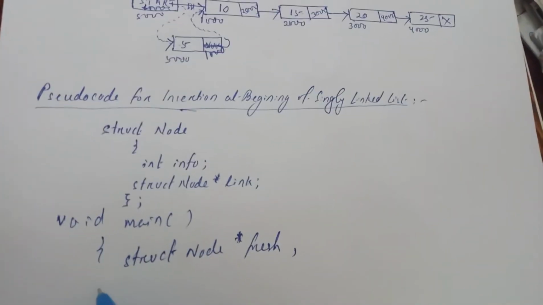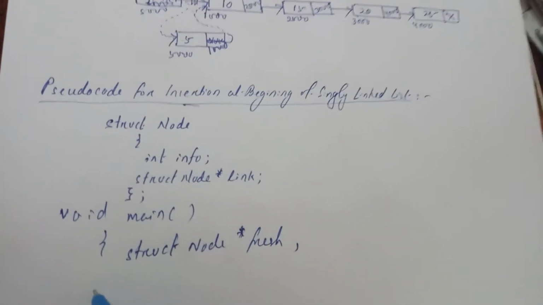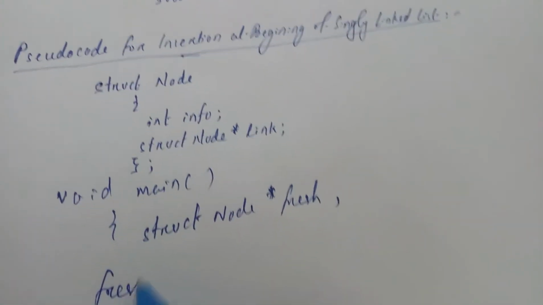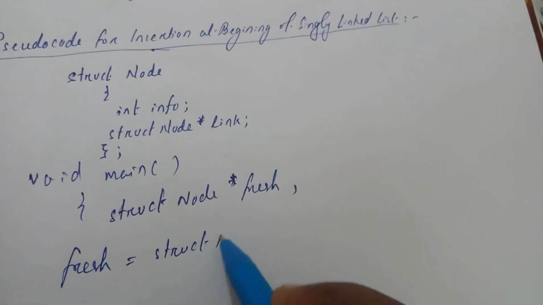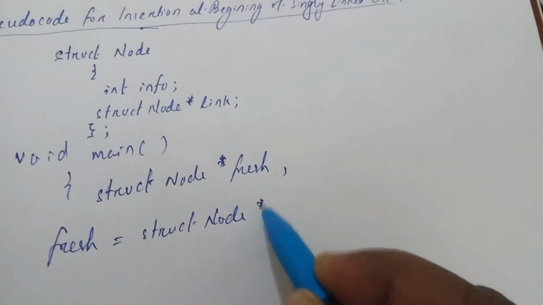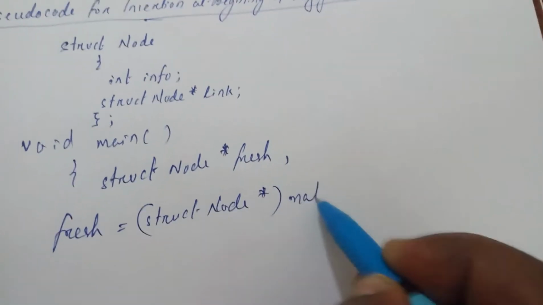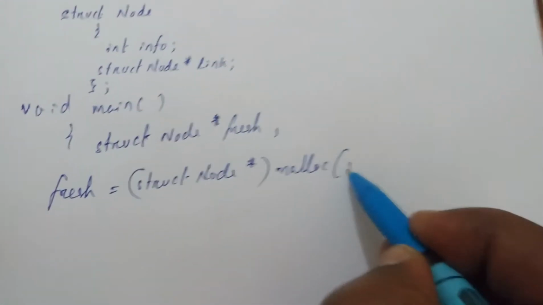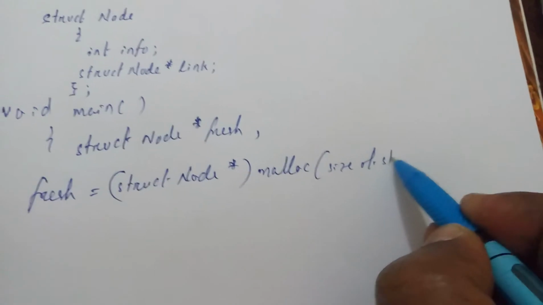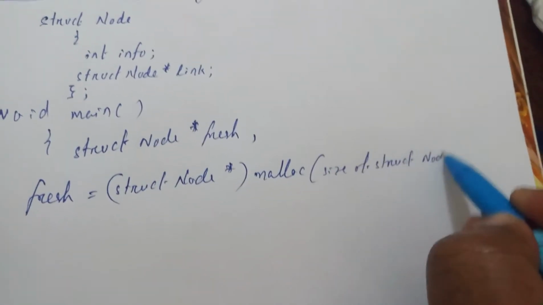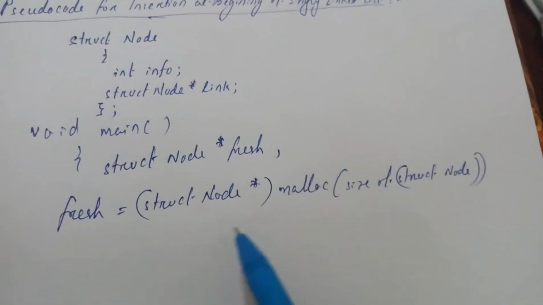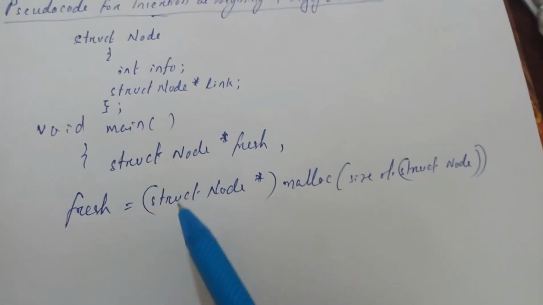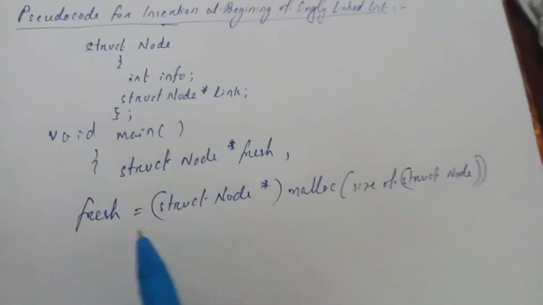So suppose here we dynamically create phrase equals to (struct node asterisk) malloc(sizeof(struct node)). In this way you will dynamically create the memory block whose address is in the phrase node.